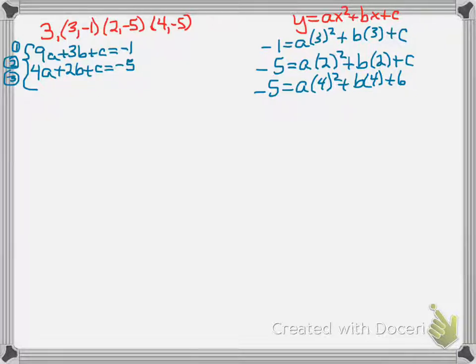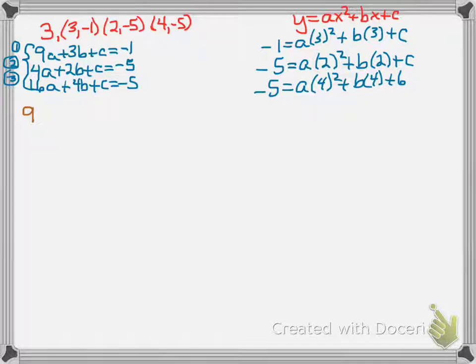Alright, 4 squared gives me 16a plus 4b plus c is -5. Alright, so that's got our system of equations over here. We've got equations 1, 2, and 3.